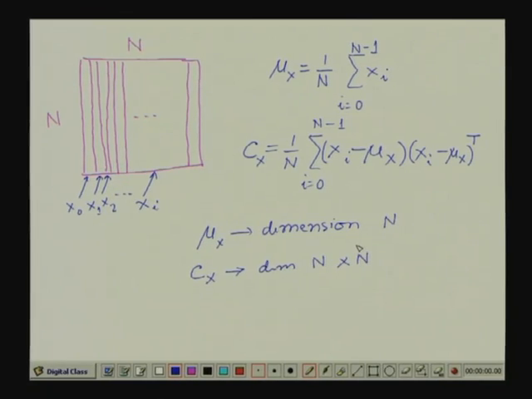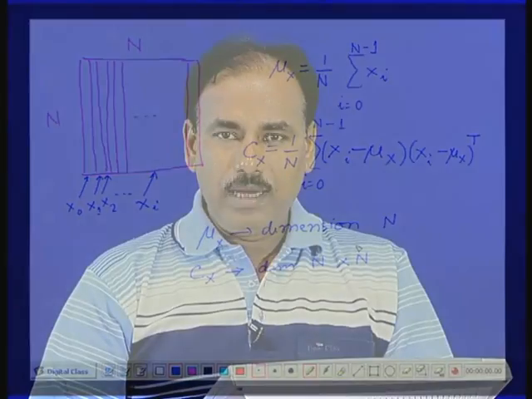So, once we have obtained the mean vector mu x and the covariance matrix C x, we can find out the eigenvectors and eigenvalues of this covariance matrix C x.